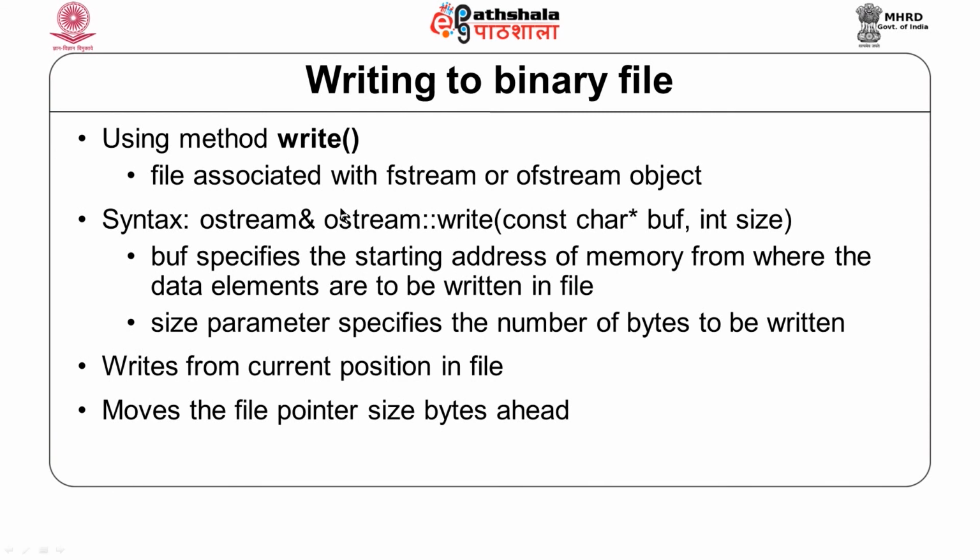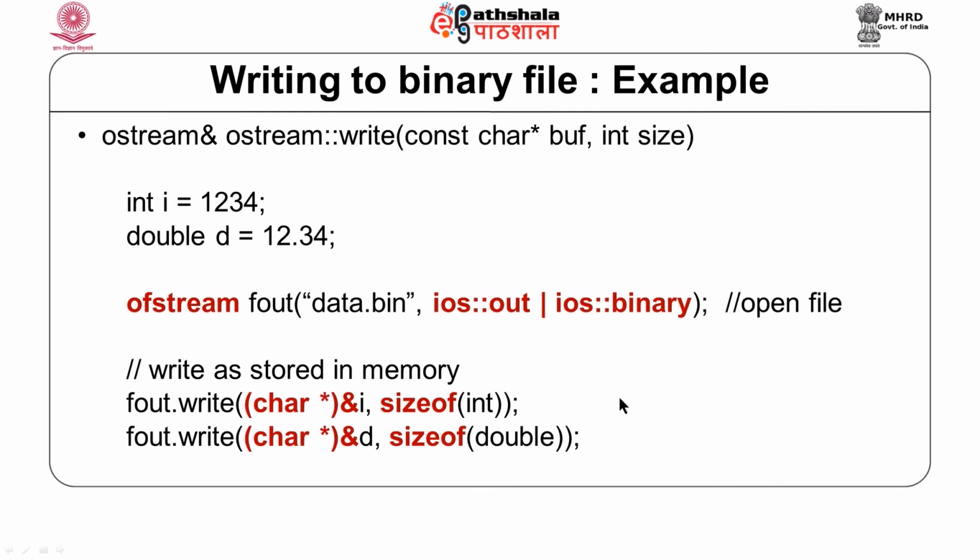It is the method of the ostream class, and it returns the reference to the ostream. Write always takes place from the current position in the file, and after writing it moves the file pointer, obviously the put pointer, size bytes ahead.